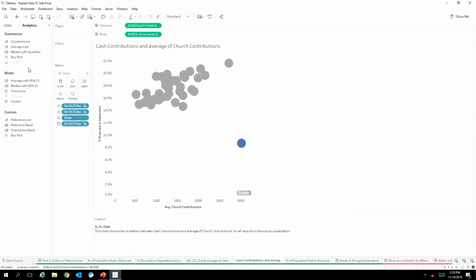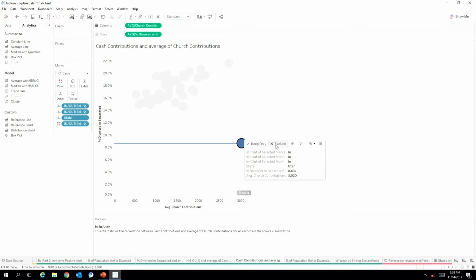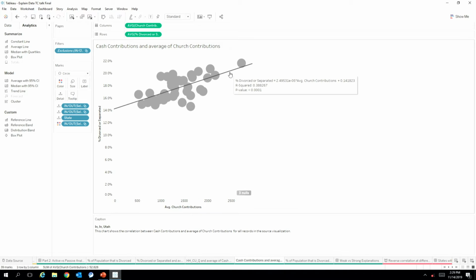And you see this interesting thing here, where Utah is not following the normal trajectory. So if we go and add a trend line here and actually exclude Utah, there's actually a positive correlation between divorce and church contributions, except in Utah.